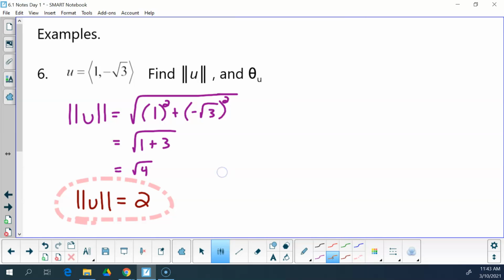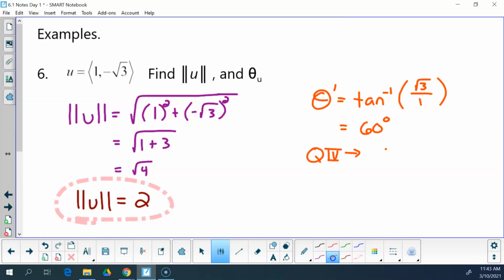Direction angle. So theta prime, because I'm not in quadrant 1, I have to use a reference angle. So theta prime is going to be the inverse tangent of the square root of 3 over 1, which is 60 degrees. So now I just have to figure out which quadrant I am in. Positive, negative puts me in quadrant number 4.